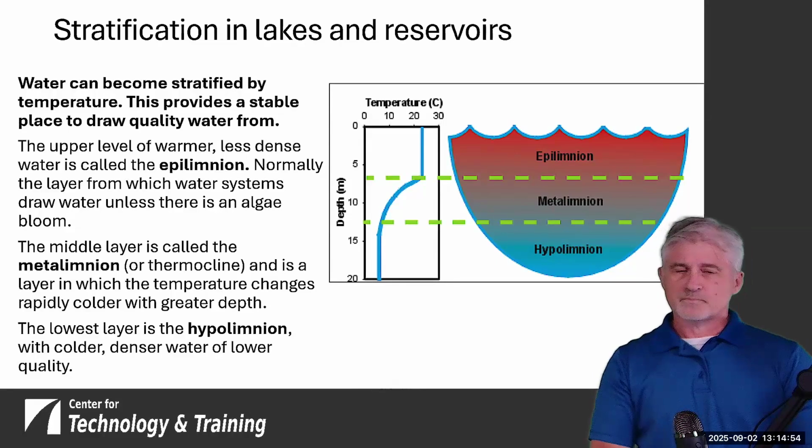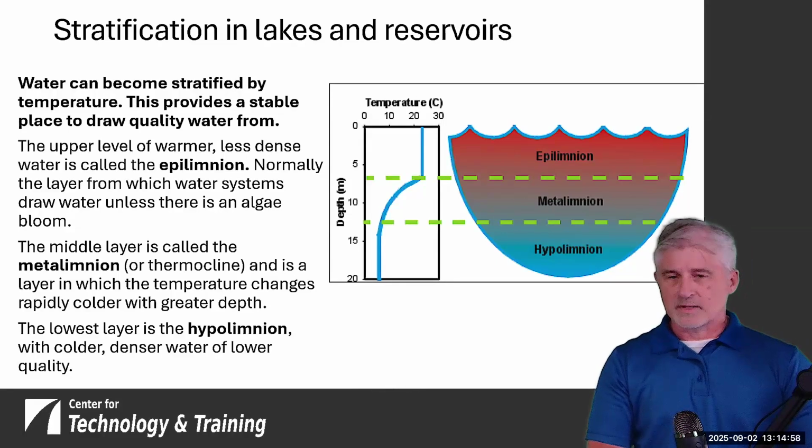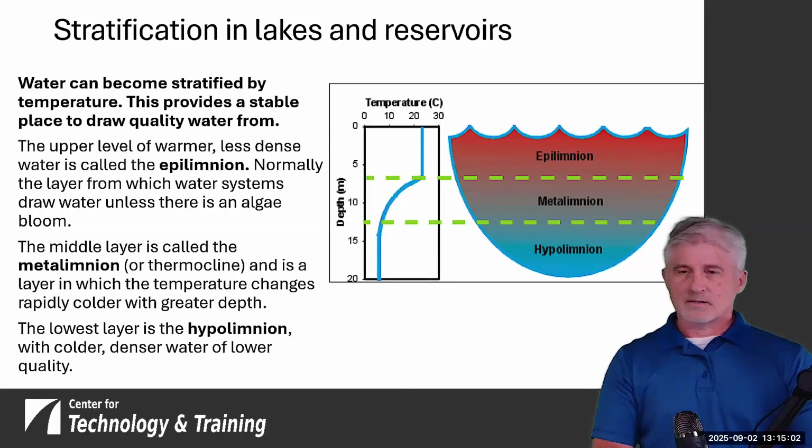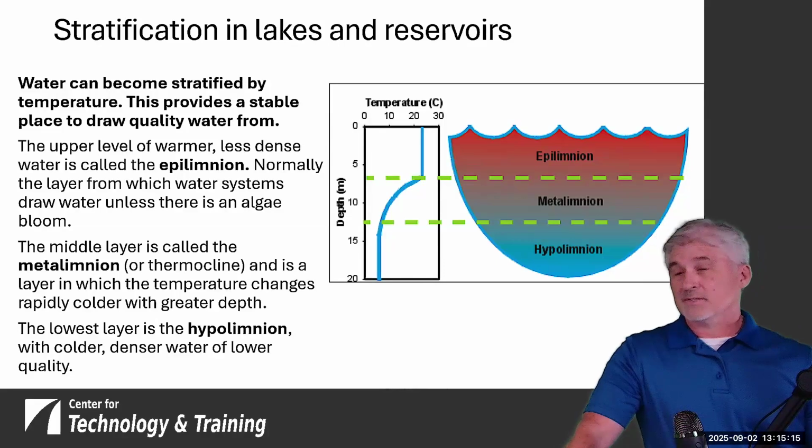And the sun could potentially penetrate to the bottom, which could cause the temperature to be a little more consistent throughout. So the epilimnion is the area from which water systems draw water, unless there's an issue with algae.